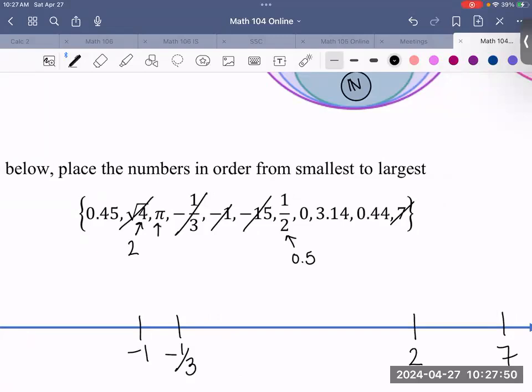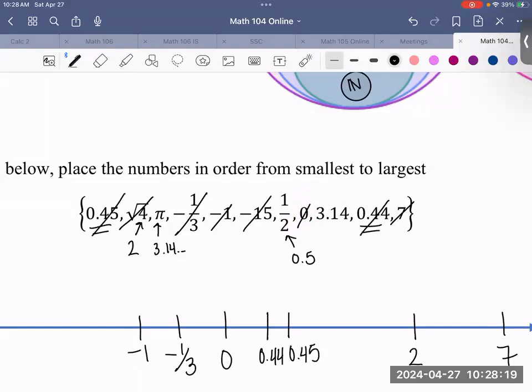Directly next to it is pi, 3.14 repeating. So let's start to chip away. We also have 0 here, which is a little hard to see. So we can add that here. So now we have 0.44, 0.45. So let's add that, 0.44. And directly next to it, 0.45.